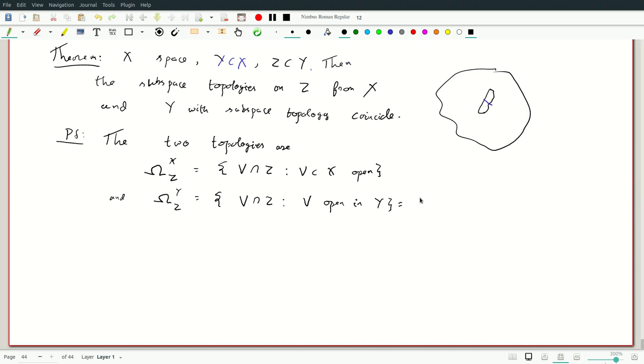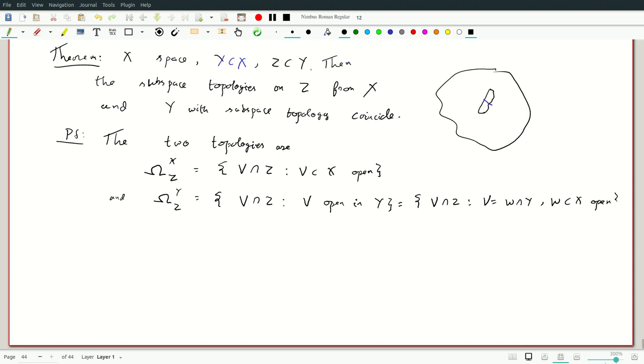but this by definition is V intersection Z such that V equals W intersection Y, W in X open.